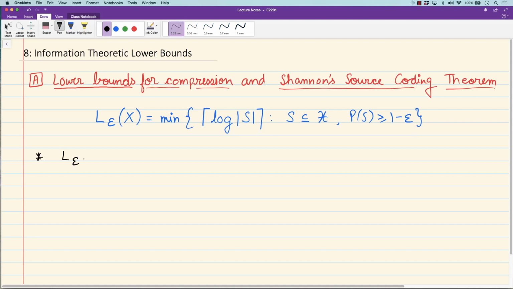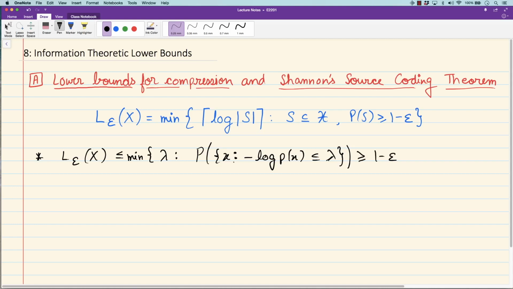We gave a scheme which showed that L epsilon of X is less than or equal to lambda, for any lambda such that the probability of the set of those values of x for which minus log P of x is less than or equal to lambda exceeds 1 minus epsilon.